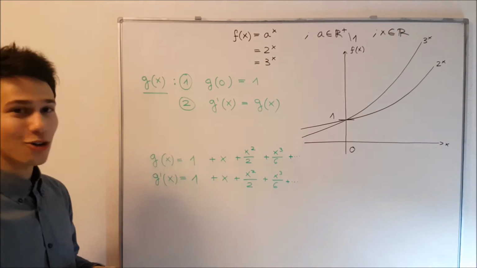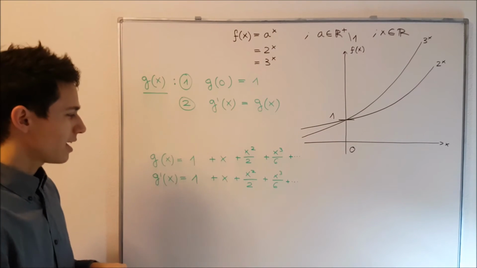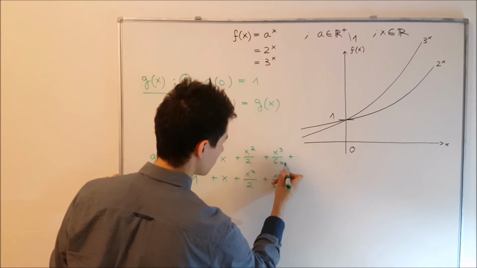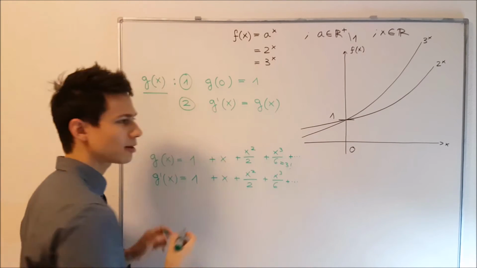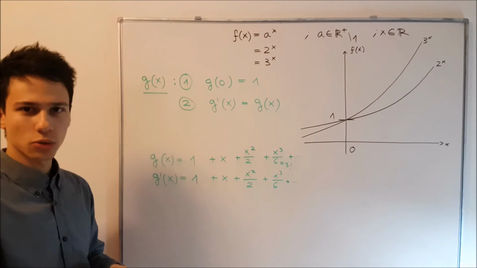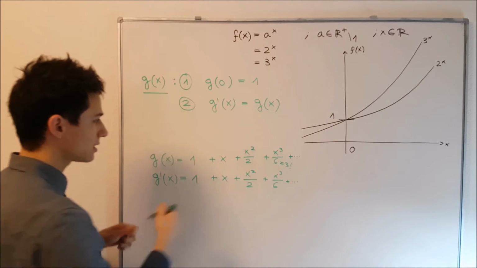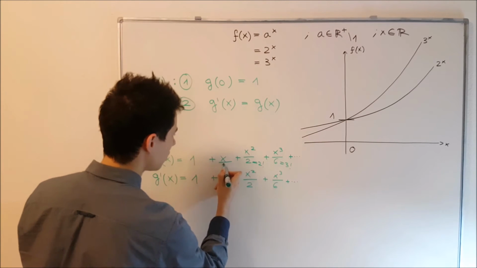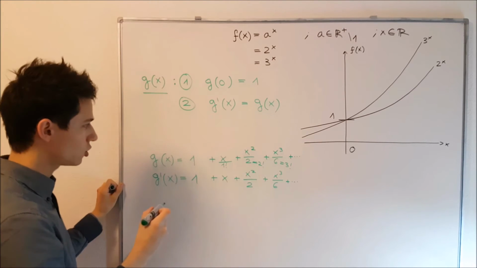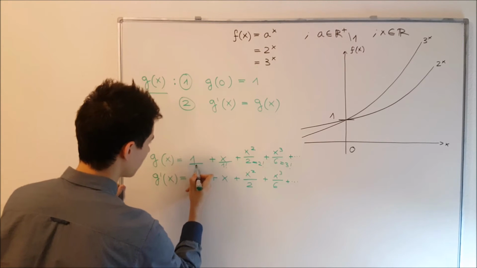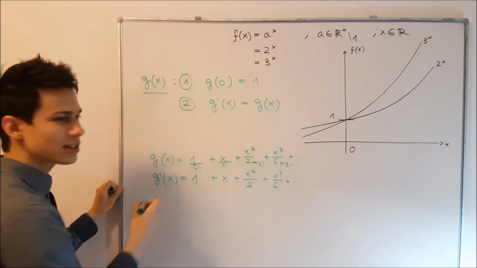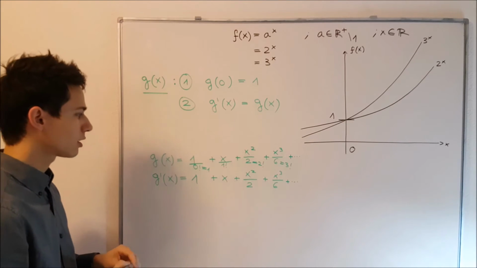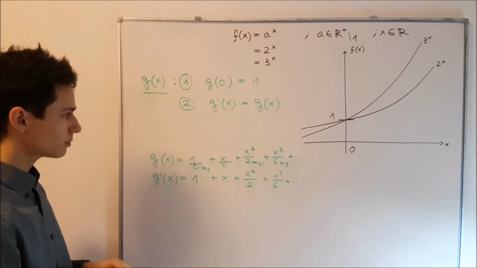And therefore let's look for some pattern in here. And you can see that 6 is just equal to 3 factorial. Why? Because 3 times 2 times 1 is just equal to 6. And 2 is the same as 2 factorial. And if we divide x by 1 factorial, this won't change. And if we divide 1 by 0 factorial, this won't change either, because 0 factorial is defined as 1.